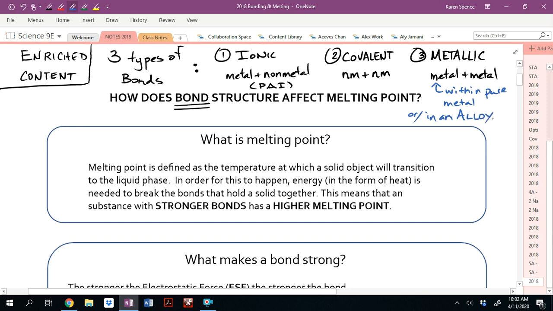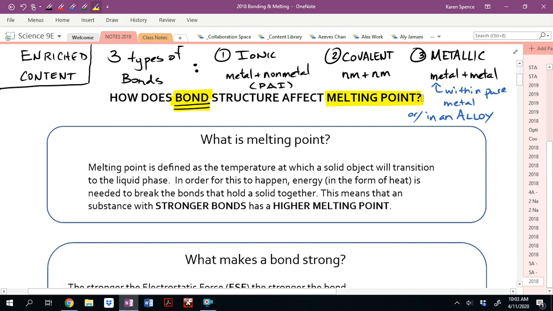An alloy is a mixture of metals. Stainless steel, for example, is an alloy. It contains iron and chromium. At any rate, that's just a quick review of what all the types of bonding are called and what they are between. We're going to look today at how the bond structure affects the melting point.